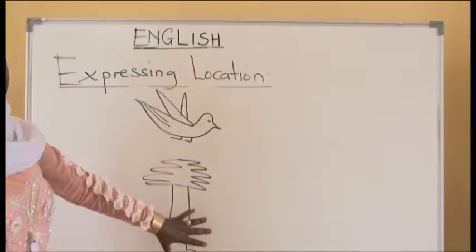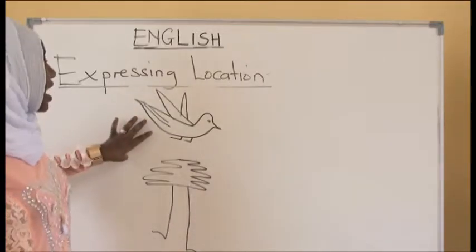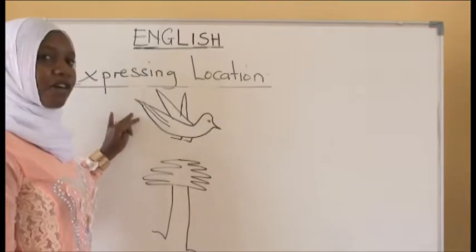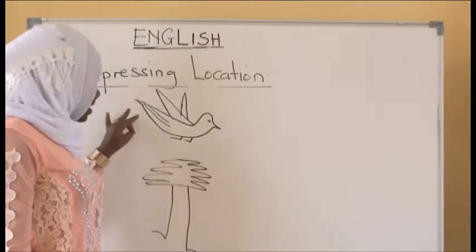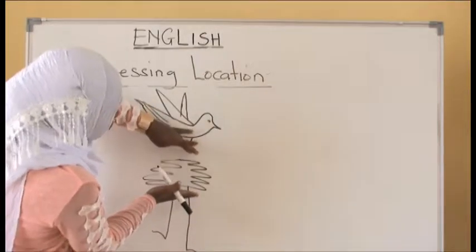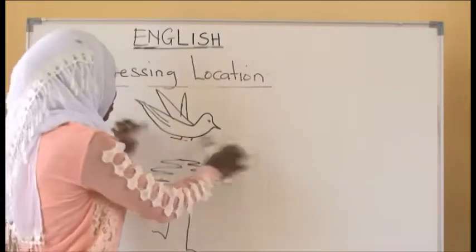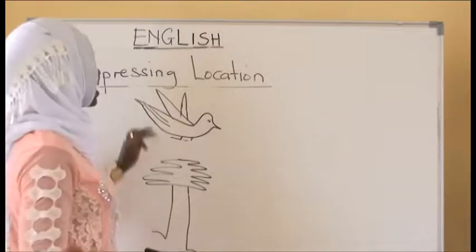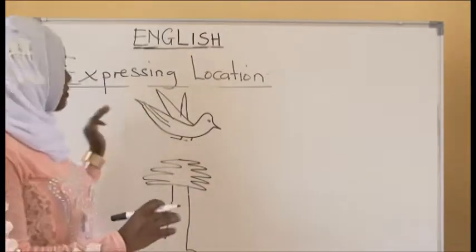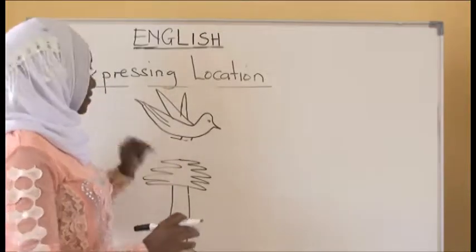We have a tree here down, and here we have a bed. So, if you are to ask the position of a bed, and this bed here, mind you, it has not touched the tree. It is up above the tree. It has not touched the tree. So you will say the bird is flying over the tree.